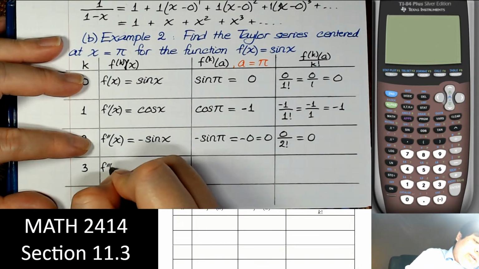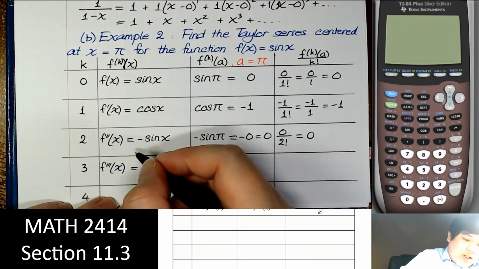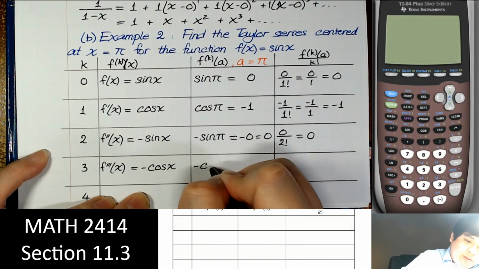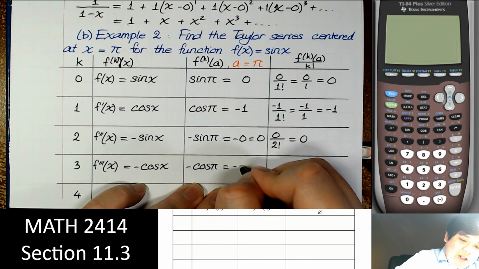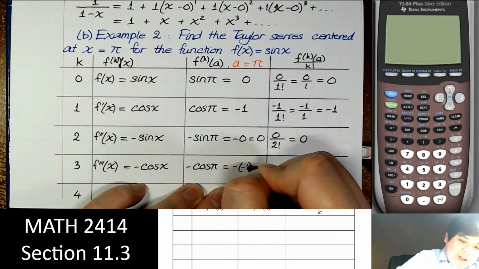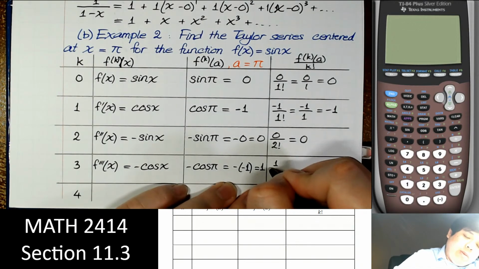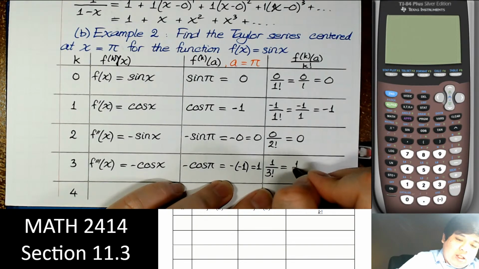Third derivative: the derivative of sine is cosine, so this is negative cosine. Cosine pi is negative 1, so it is equal to 1. 1 divided by 3 factorial, 1/6.